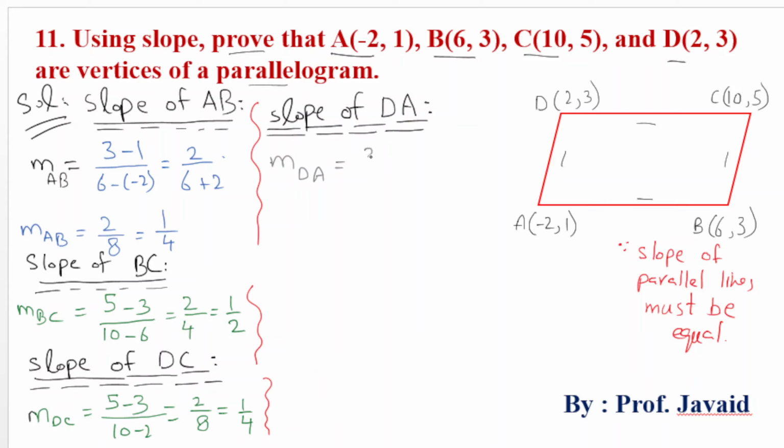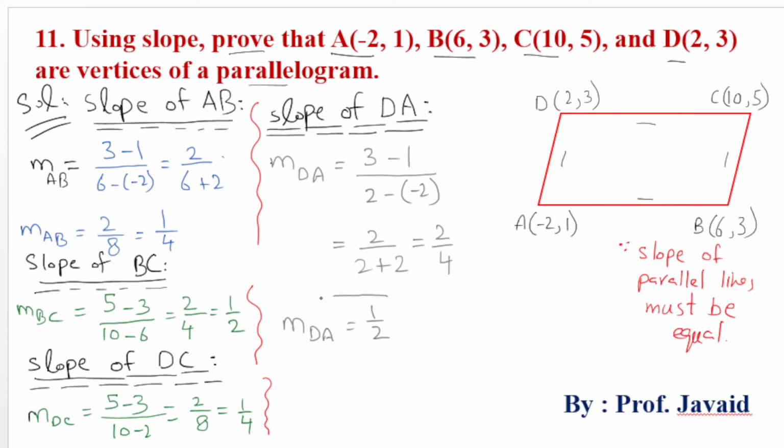That is 3 minus 1 over 2 minus (-2). So we get 2 by 2 plus 2, which is 2 by 4. After simplifying, slope of DA is 1 by 2.